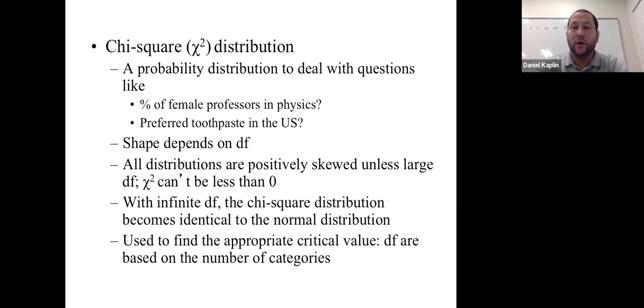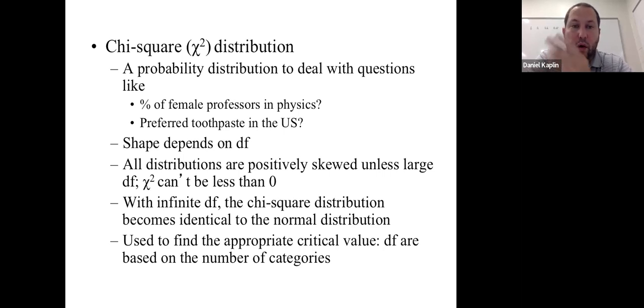For example, we know that in general, women in STEM fields are underrepresented. So if I were a physics professor, or better yet, I was doing research on the discipline of physics, I might want to know if there is a disproportionate number of males relative to females in the physics discipline.